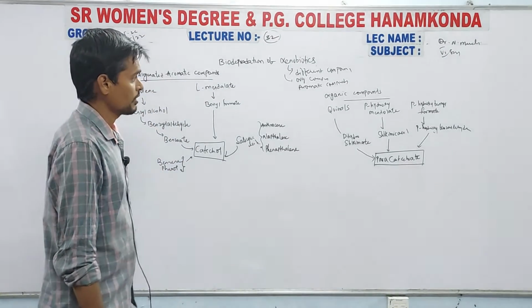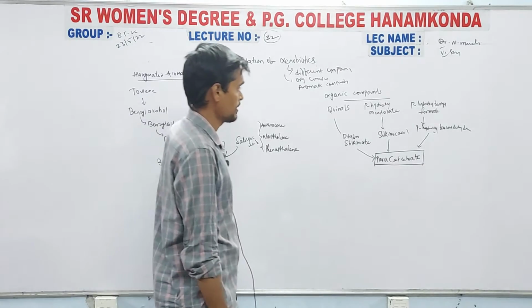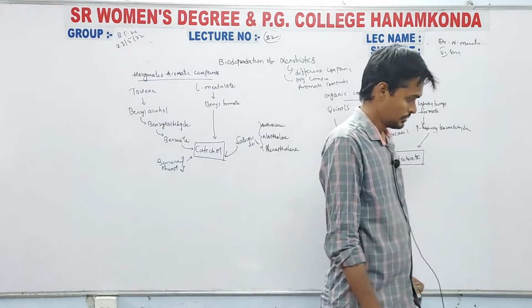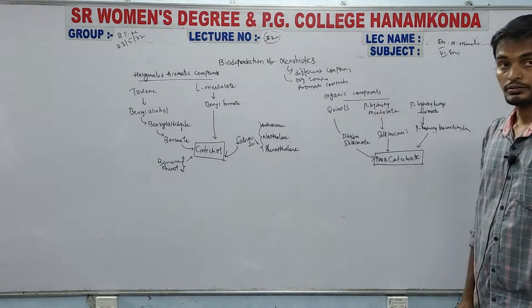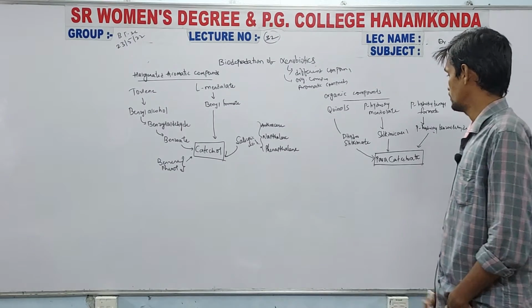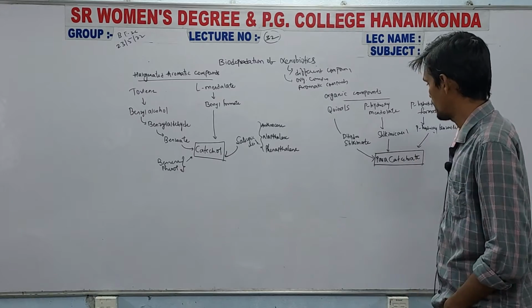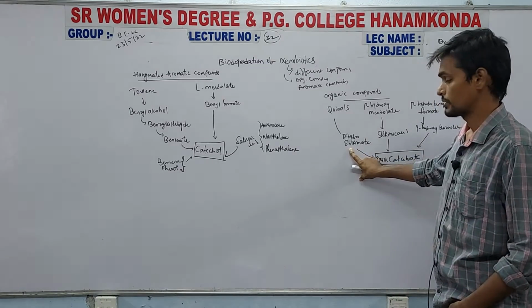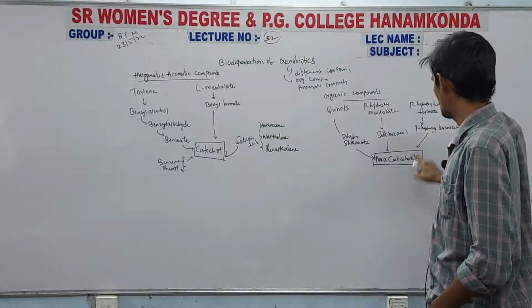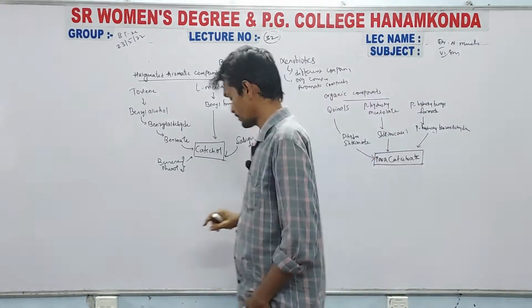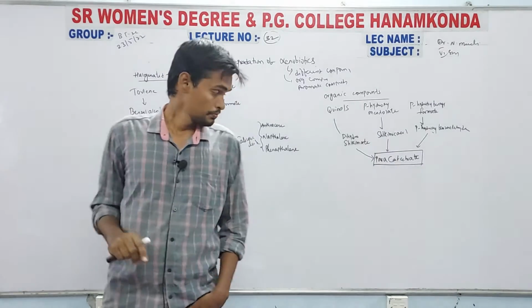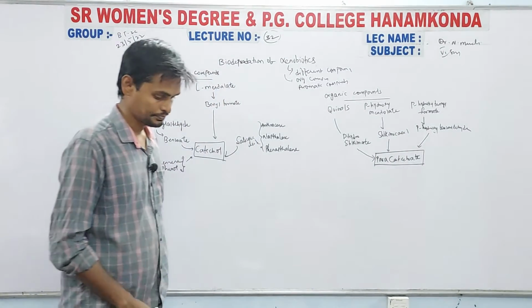So the degradation of organic compounds like quinols, para-hydroxymandelate, para-hydroxybenzyl formate results in the formation of different intermediate compounds like dihydroshikimate, shikimic acid, and para-hydroxybenzaldehyde, and finally results in the formation of protocatechuate.